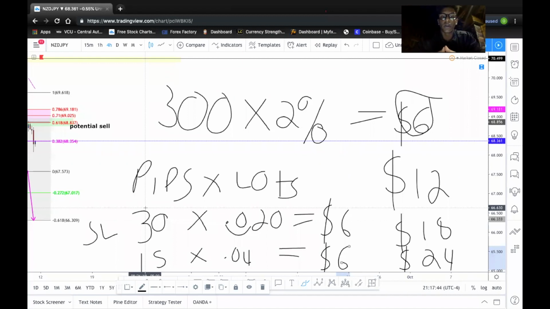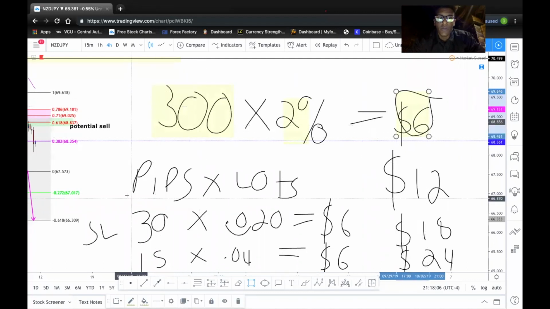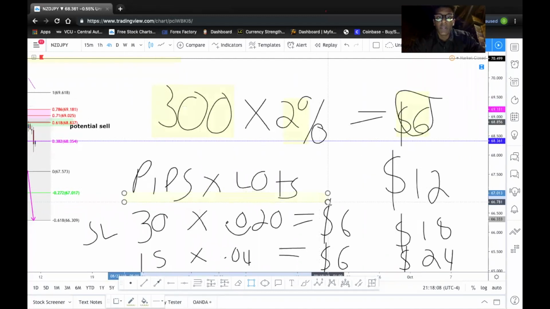Or if you want to go small on your lot size, you can increase your stop loss. And you can see with a $300 account, there's two ways about risking 2%. So we're risking 2% on this trade. Again, we have a $300 account, we're risking 2%, so that's $6. And we can calculate this by multiplying our pips times our lots.